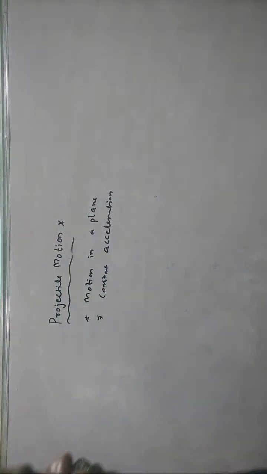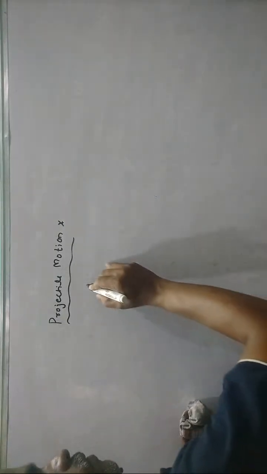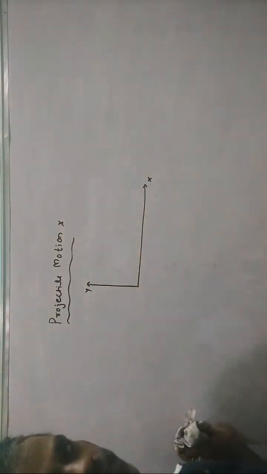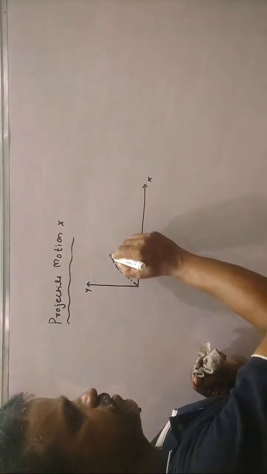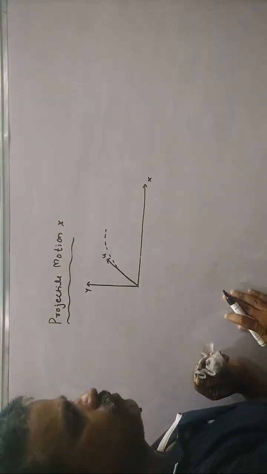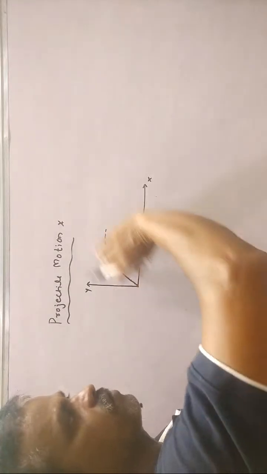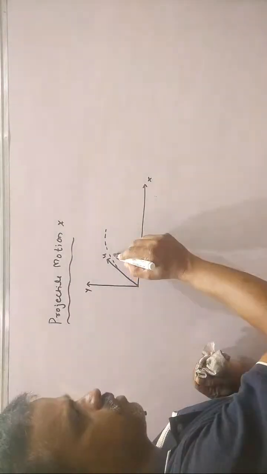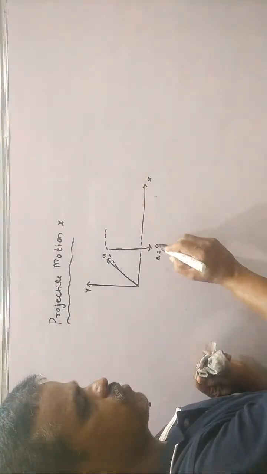So in projectile motion, the path of the body. What happens here? This is the x-axis, this will be the y-axis. The body moves like this. So initial velocity in this direction. We projected a body with some initial velocity, then only the body will go like this. See, on this body the gravitational acceleration acts downward only. a equal to g.